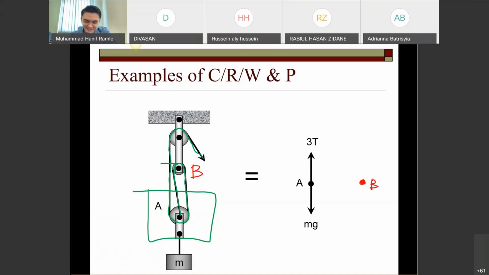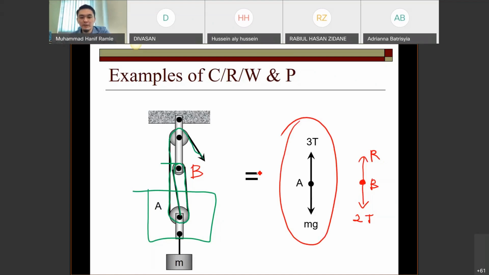Great, so the answer is correct. 2T downward and reaction. This reaction will be covered later on, as I said, that's why we only show you this one. How about C? If I introduce the C point here, this C.